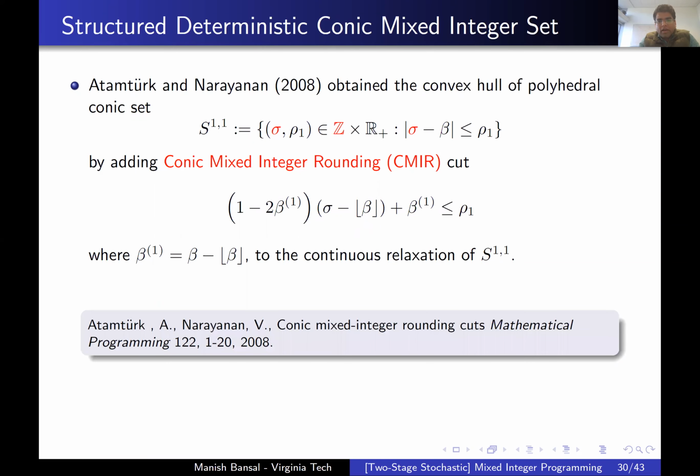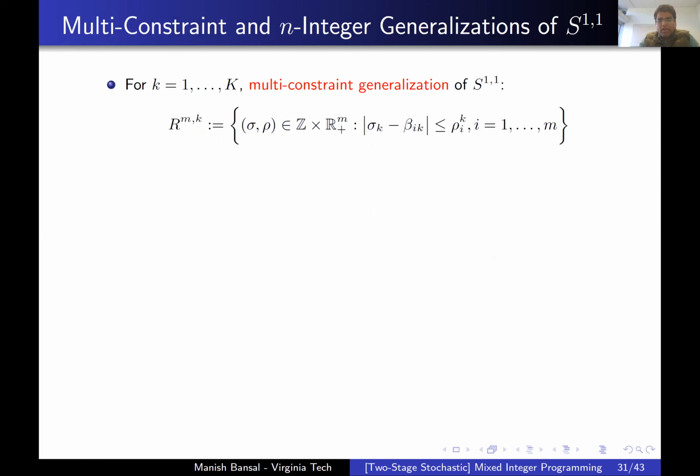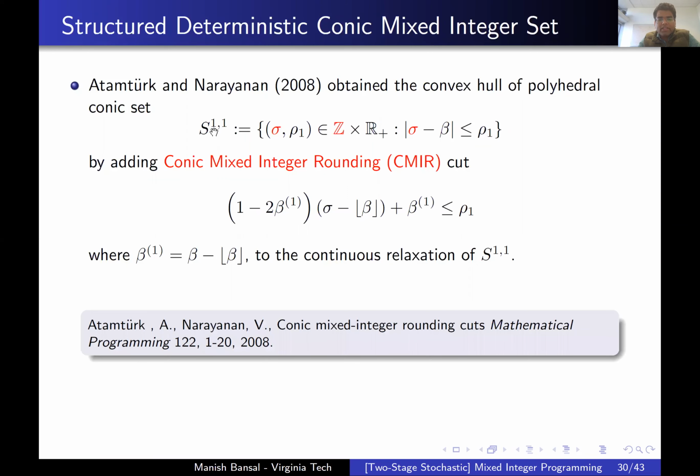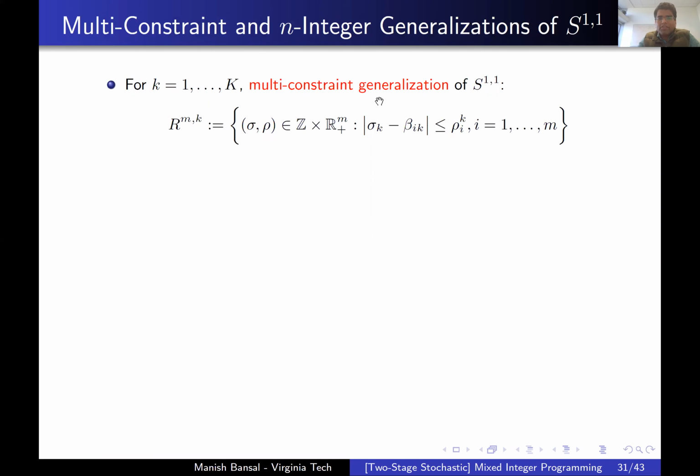And we said, okay, let's see if we can have some multi-constraint generalization of this. I'm denoting this set by S11. Can we have a multi-constraint generalization of this set, where you have m constraints, each with one integer variable which is common among all of them, and its own continuous variable as well?